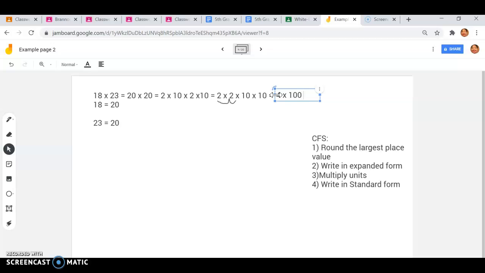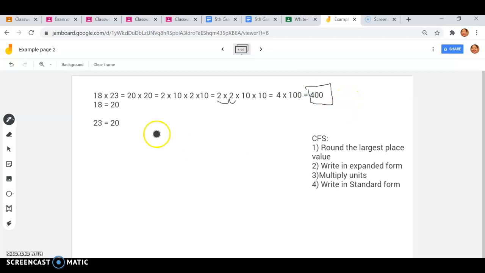Okay? And then we're just going to keep on multiplying. And of course, we know that 4 times 100 is going to give us 400. So our final answer to our best estimate is going to be 400.